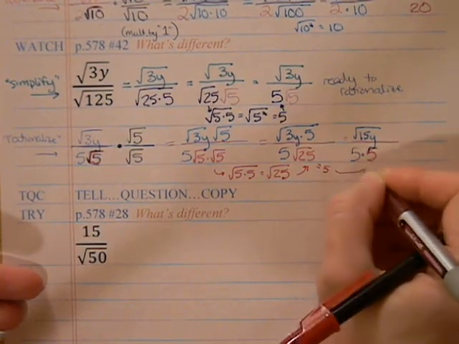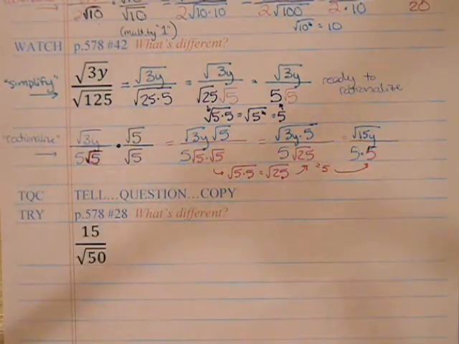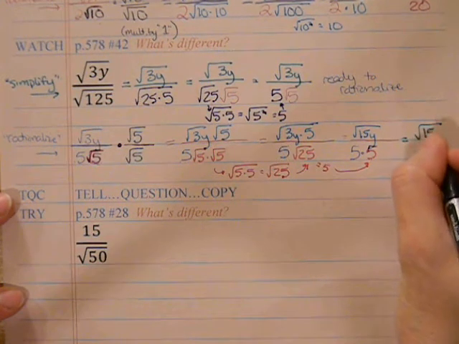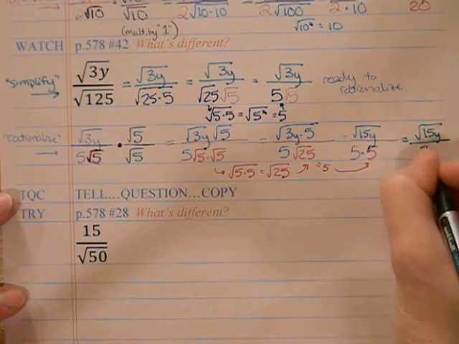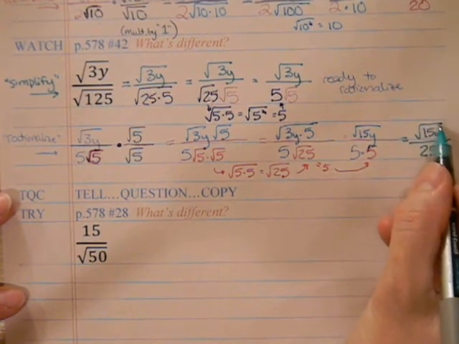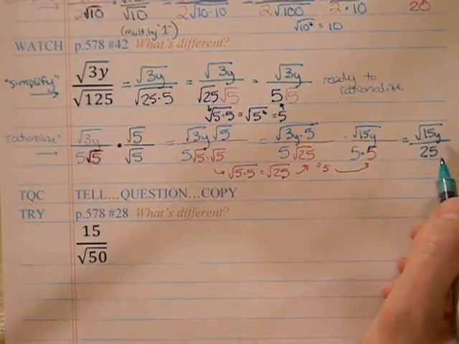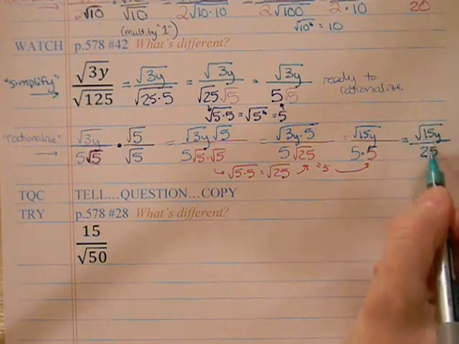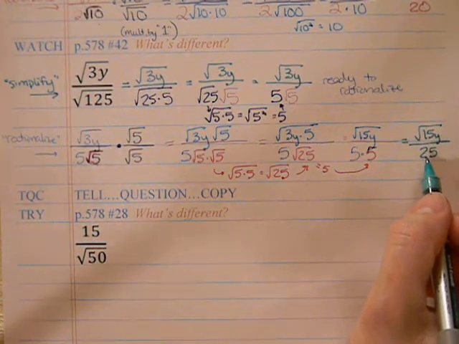So then it becomes 5 times 5. And then our final version is radical 15y over 25. And again, resist the urge to try to cancel when something's in a radical and something's not. Those are not things that you can cancel because they're two completely different types of numbers.